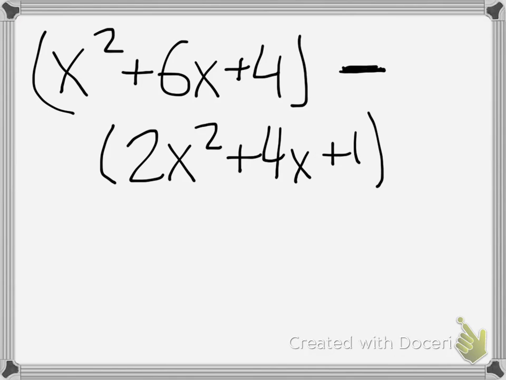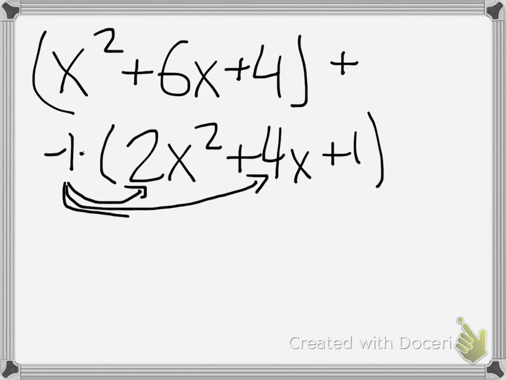I'll think of this as the first polynomial plus -1 times the second polynomial. And then order of operations, the first thing I need to do is distribute that -1 onto each of these terms.